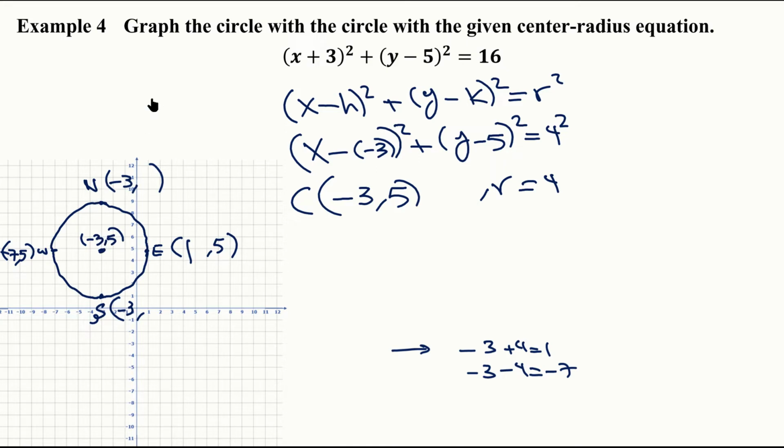So we add 4. So it'll be what? 5 plus 4. That's 9. To get the south point, we start at 5 and we take away 4, right? We could subtract 4. So 5 minus 4 is, of course, 1.